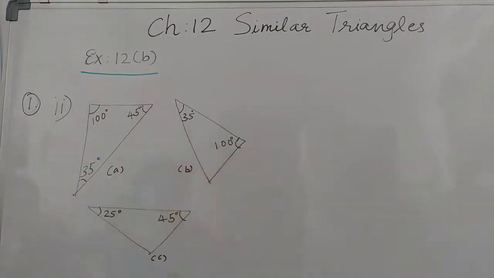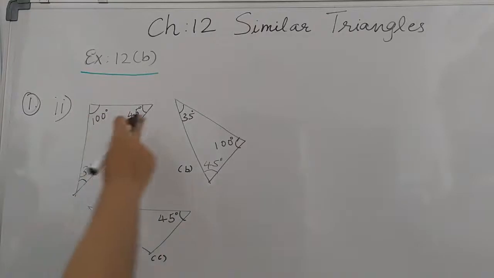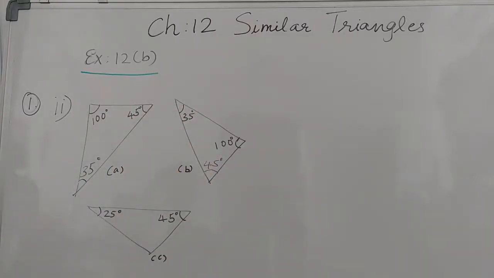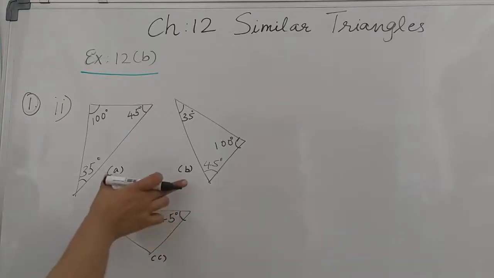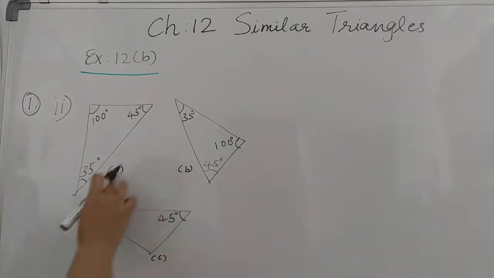By adding them, I get 135 degrees. Now subtract it from 180 degrees so that I get the third angle as 45 degrees. So in triangle A and triangle B, all the three angles are equal. So by AAA axiom of similarity, we can say that A and B are similar to each other.